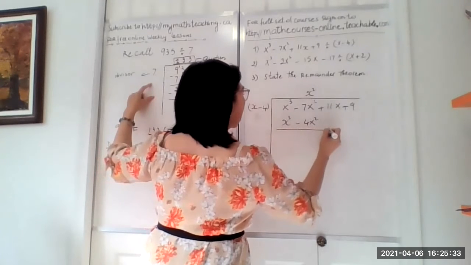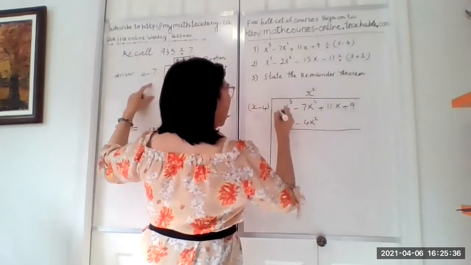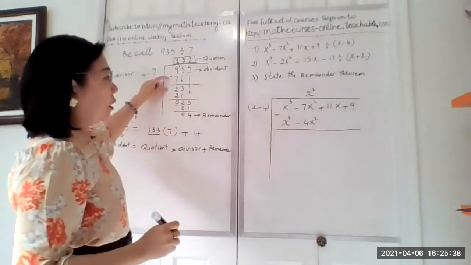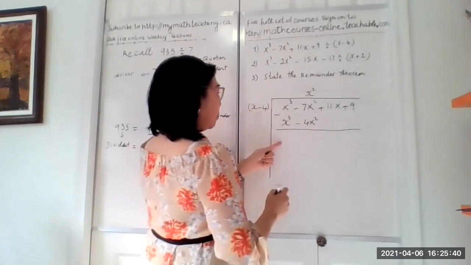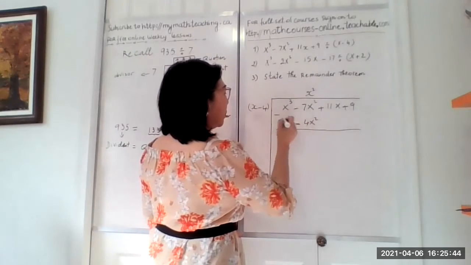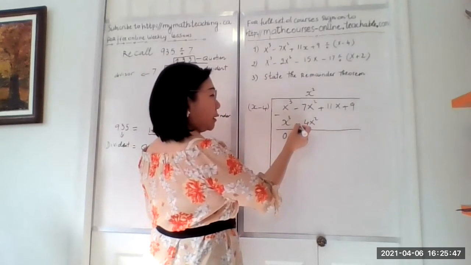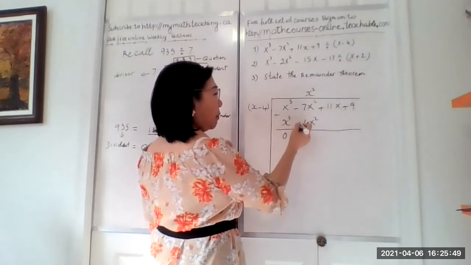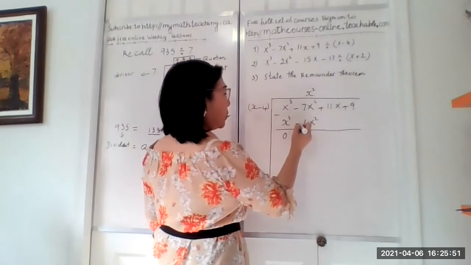Now we're going to subtract them, just like we do it here. So x to the power 3 minus x to the power 3 equals 0. Keep in mind that this negative affects this negative, because negative times negative becomes positive.